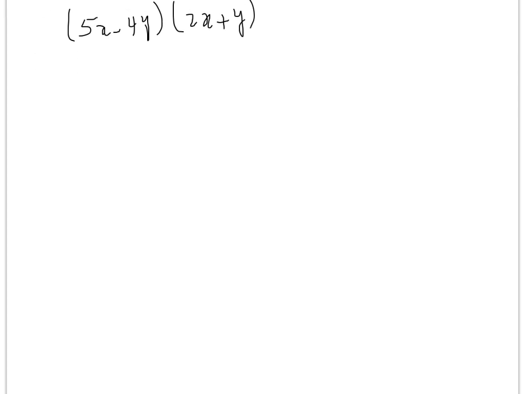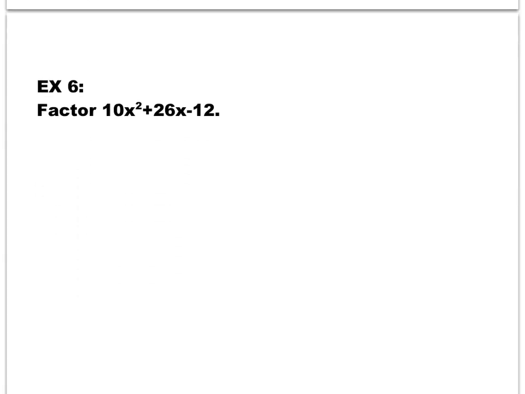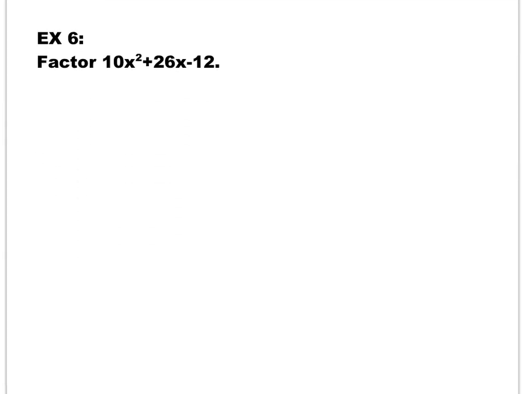The next example is to factor 10x squared plus 20x minus 12. Again, the common factor does not exist, or I'm sorry, the common factor exists at the moment. The common factor is going to be 2.